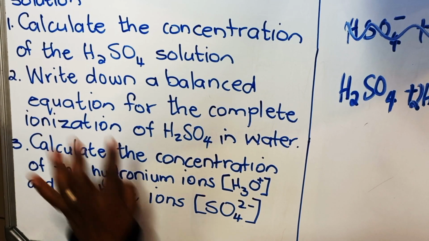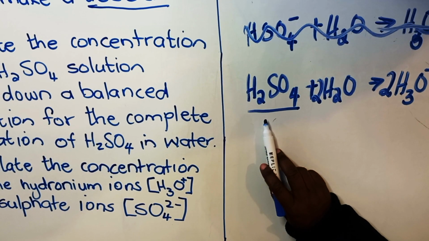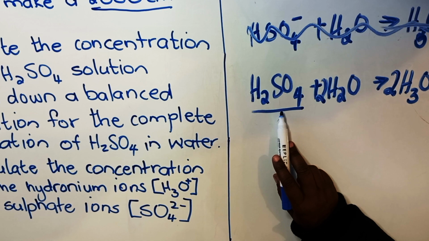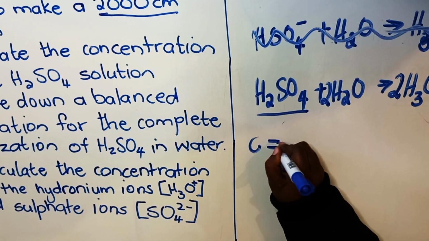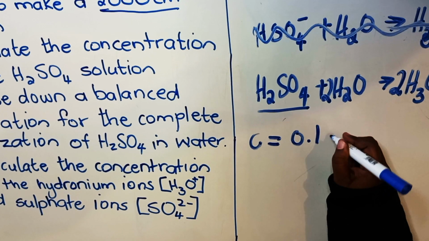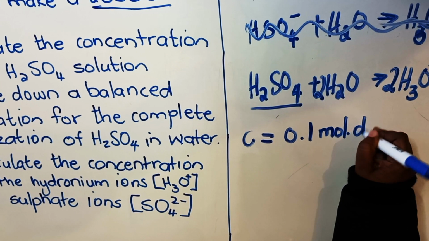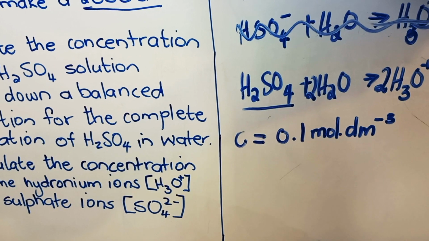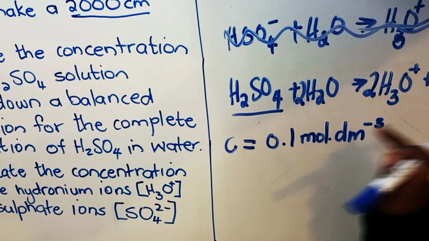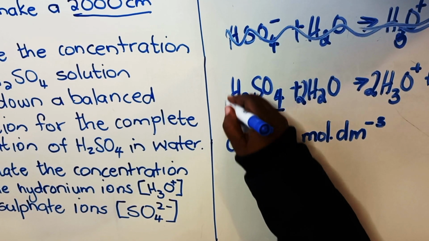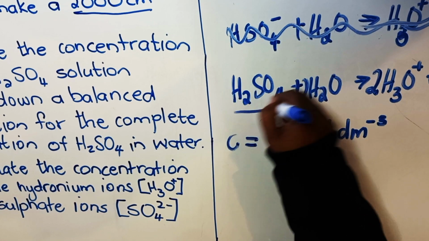You remember in question 1, we calculated the concentration of sulfuric acid. We got the concentration of sulfuric acid was 0.1 mole per decimeter cube. Now we're going to use the molar ratio to calculate for the other ones. For the number of moles here, you look at the coefficient of that molecule.